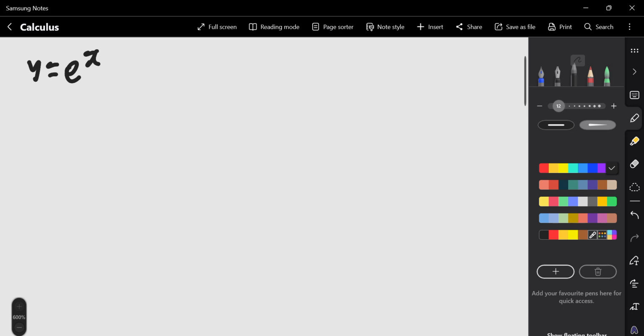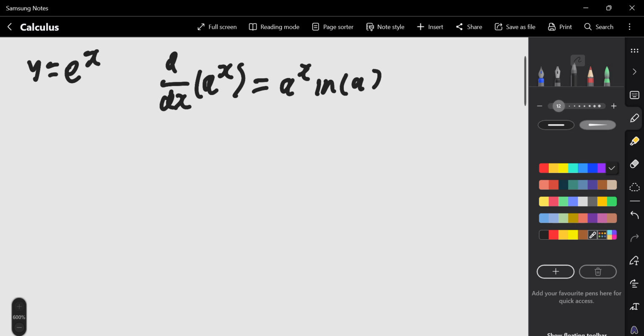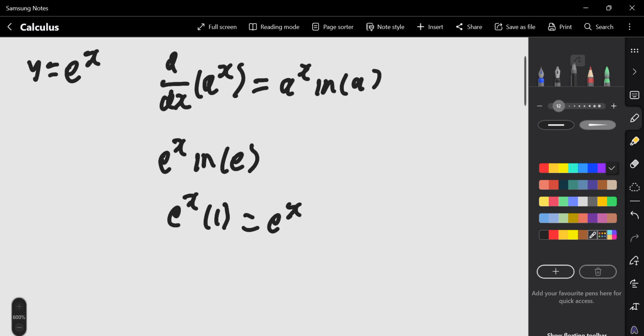So for any exponential function, I'm going to have to use the other notation now, d dx of a to the x is going to be a to the x ln of a. So if the base is e, it's going to be e to the x ln of e, right? And since ln of e is just 1, you're just going to get e to the x times 1, which is just e to the x.